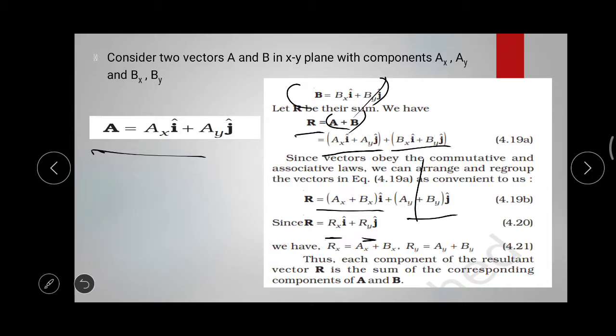And where Rx is the magnitude, that is Ax plus Bx, and Ry is Ay plus By. So you can see that if you are considering the vector R, where Rx is the x component of the vector R and Ry is the magnitude of the y component in the vector R, and in terms of Ax and Bx, Rx will be equal to Ax plus Bx and Ry will be equal to Ay plus By.